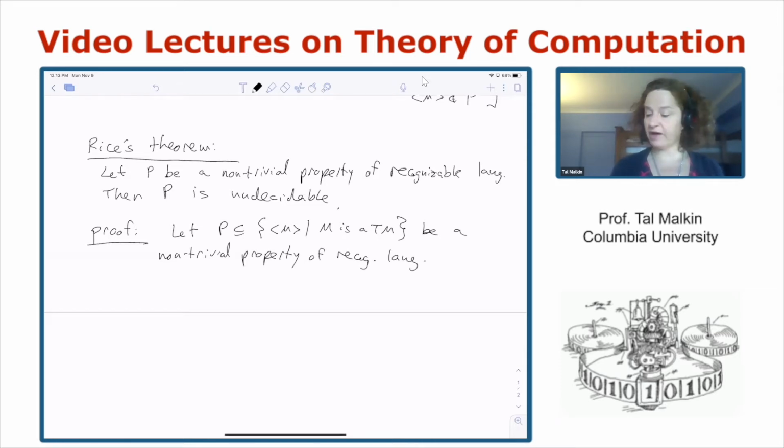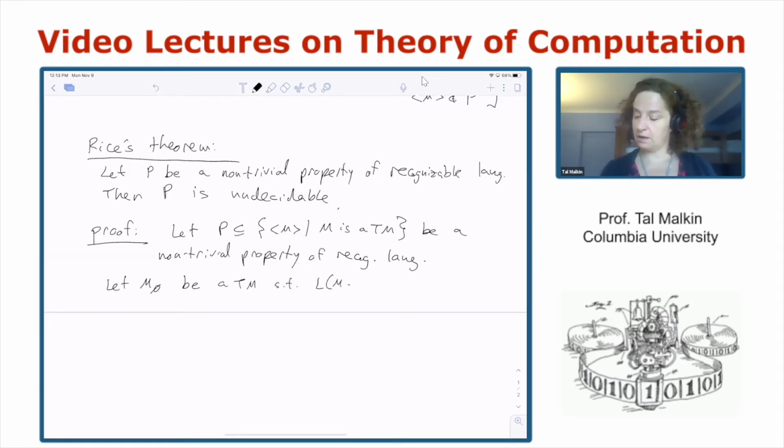And now define, let M empty set be some Turing machine that recognizes the empty set. So let M empty set be a Turing machine such that L of M empty set is the empty set. So for example, think of this M empty set as the Turing machine that rejects every input.